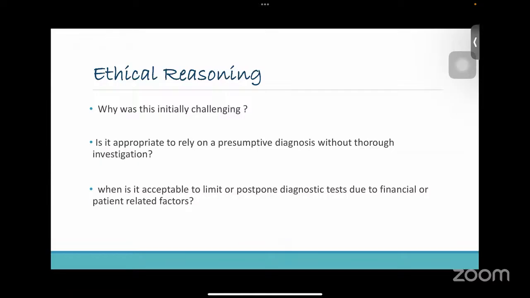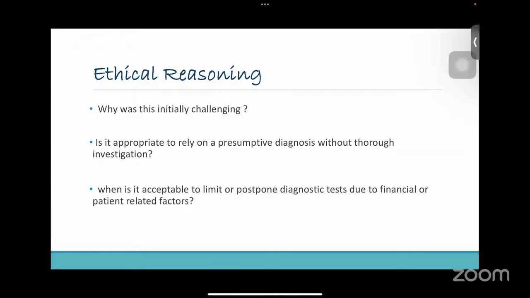In any case with alarm features or abnormal tests, further workup is crucial. Jumping to conclusions can delay the diagnosis and may lead to further complications, which would have been prevented if identified early on. So this is an important point we need to consider.